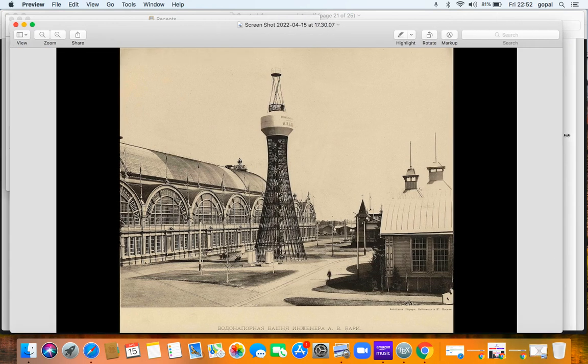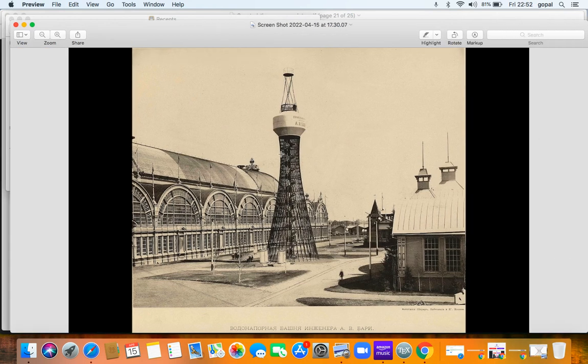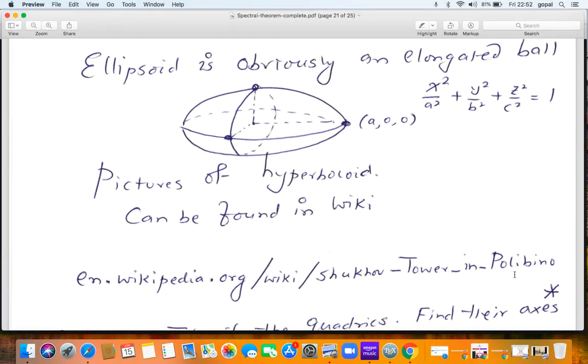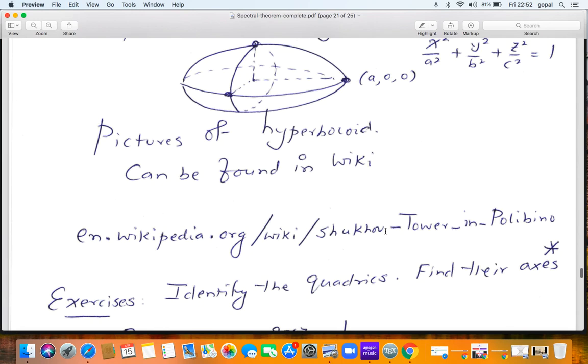This is called the Shukov Tower. This is a Shukov Tower in Russia, actually. This is from Wikipedia, and let me give you the exact reference. Here is the Shukov Tower in Polibino, and this was built, I think, in 1896 or something like that.